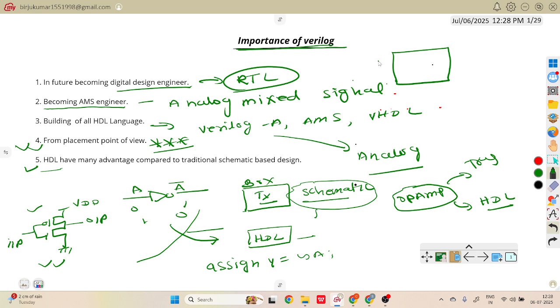So you should have an idea of the Verilog language. I will start in the upcoming video, and one day you will write the code of any digital circuit, like encoder, decoder, mux, flip flop, counter, shift register, anything.